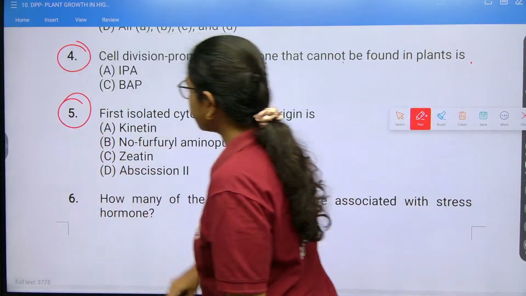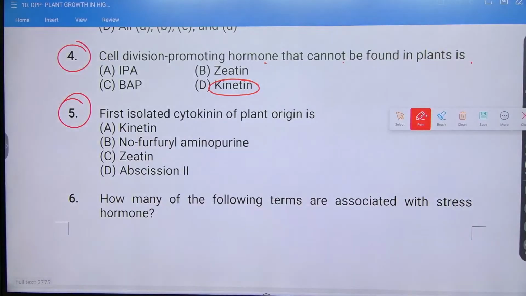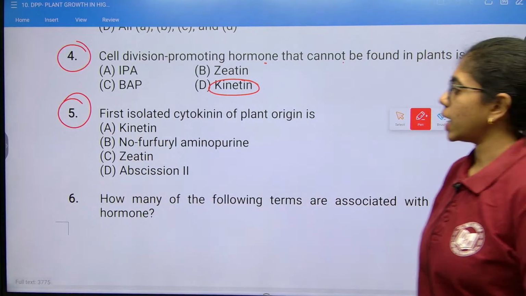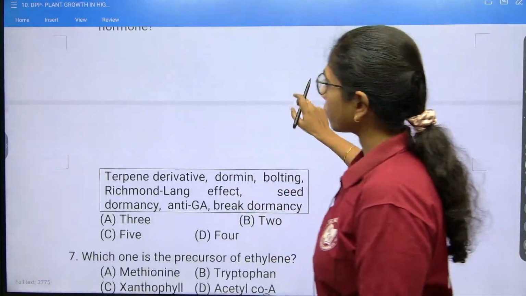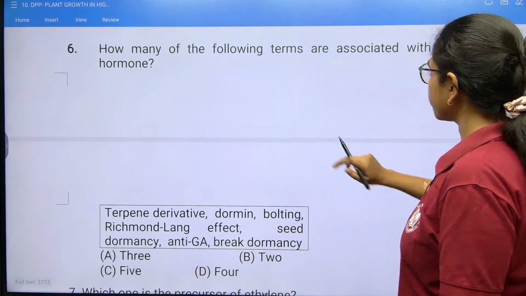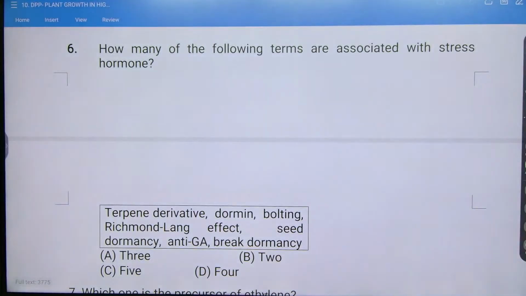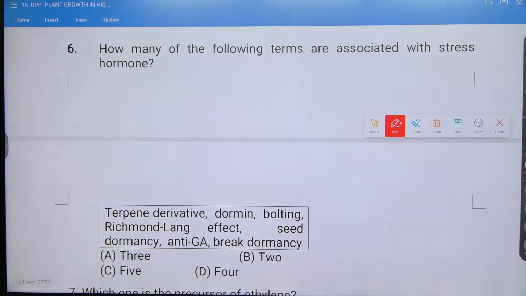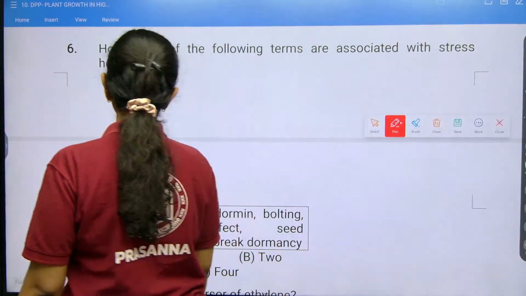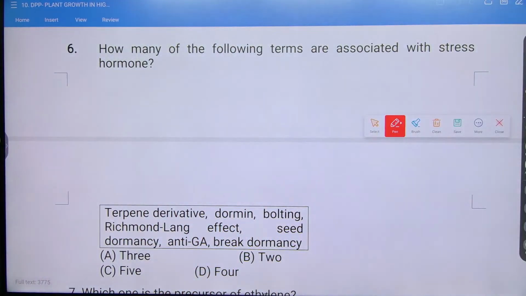Next question. First isolated cytokinin of plant origin. Zeatin. How many of the following terms are associated with the stress hormone?